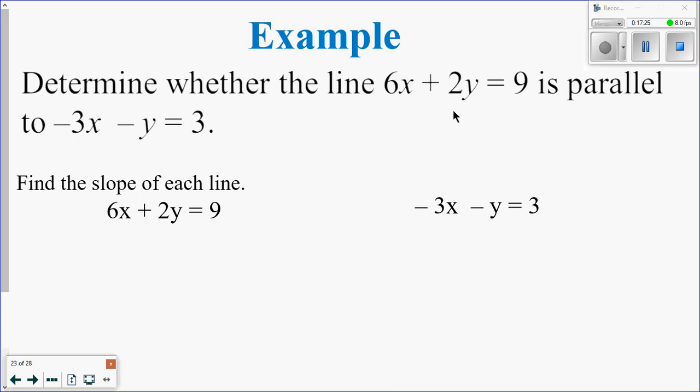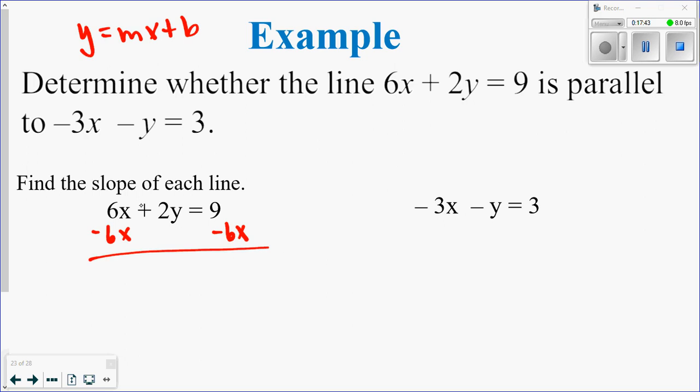So we're going to determine if 6x plus 2y equals 9 is parallel to -3x minus y equals 3. So the first thing you have to do is find the slope. So you have to get them in y equals mx plus b form in order to determine that. So I'm going to subtract 6x from both sides. So I get 2y equals -6x plus 9.